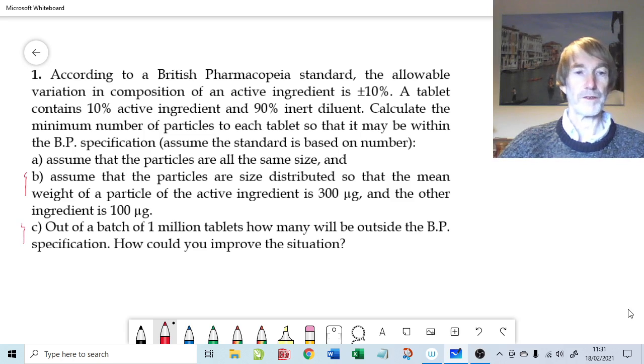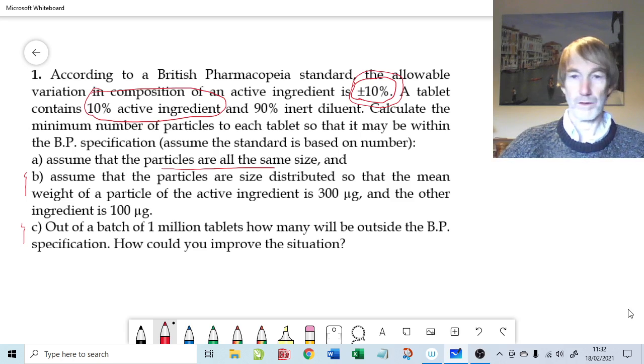In the first video, I covered the assumption that all the particles were the same size when mixing an active ingredient which constitutes 10%, it's this 10% active ingredient in a pill, and the specification allows for a 10% variation around that active ingredient. So part A was covered in the first video.